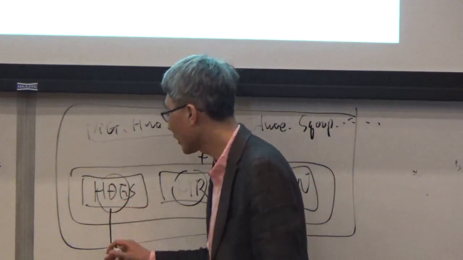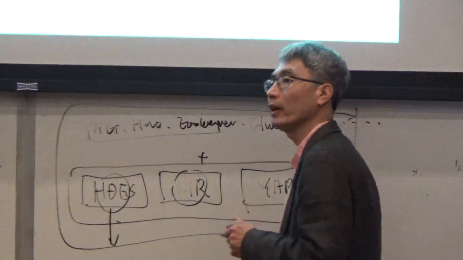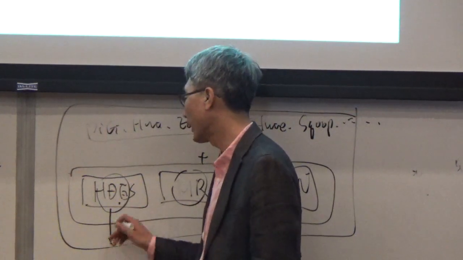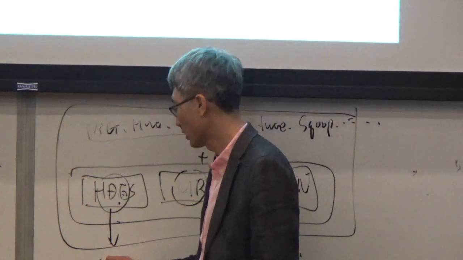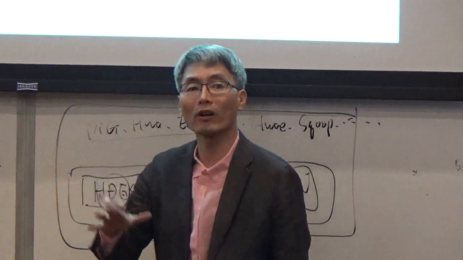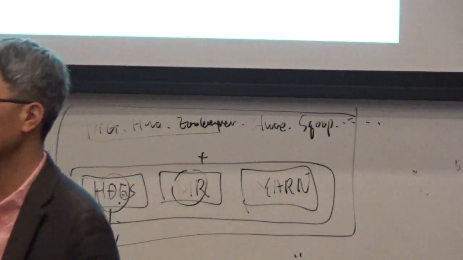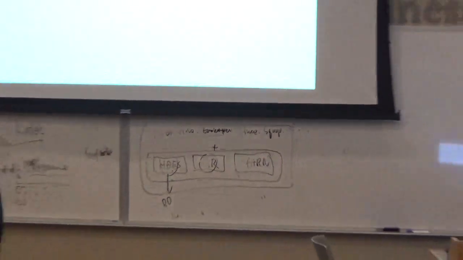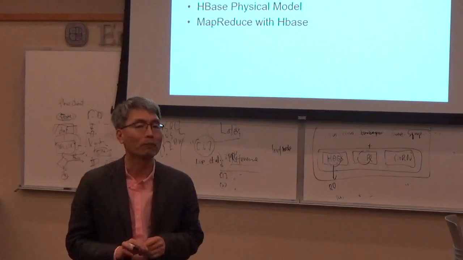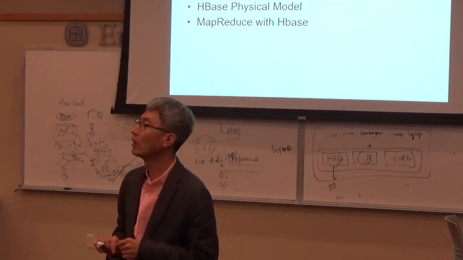But this one has several characteristics. One of the main characteristics of files in the Hadoop HDFS is read only, which means write once and read many times, which means you cannot update, you cannot delete the data. Why? Is it really difficult to make the file system updatable or delete the data?